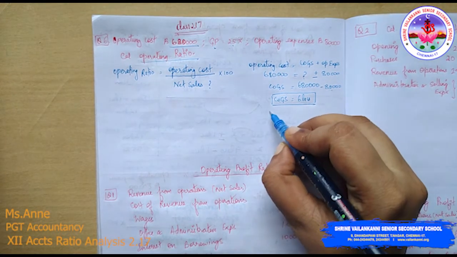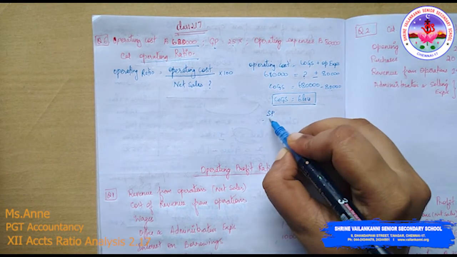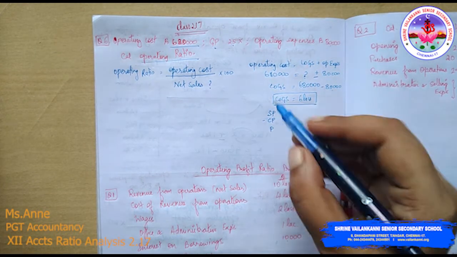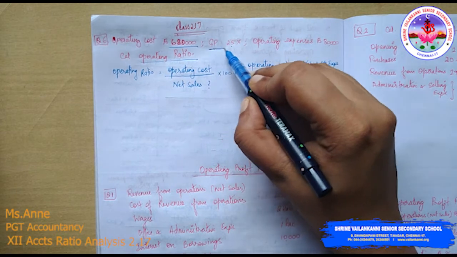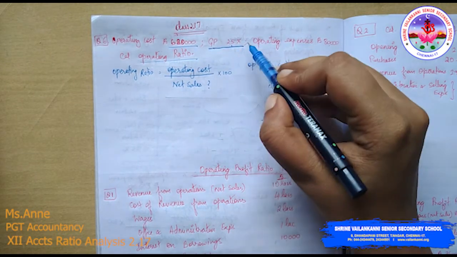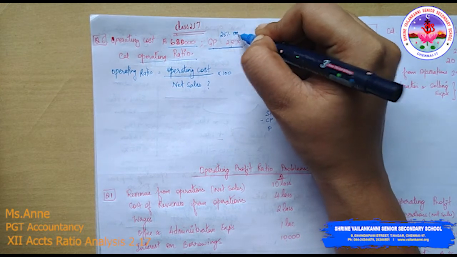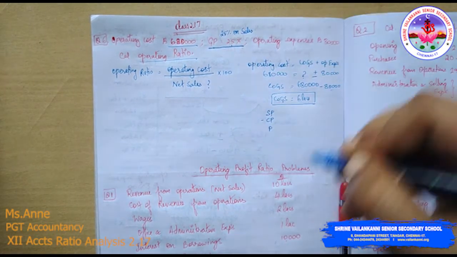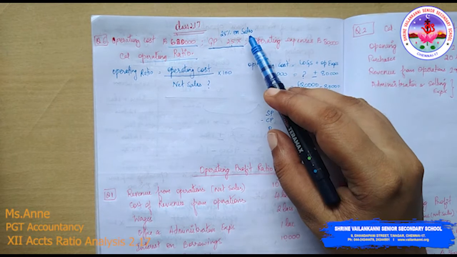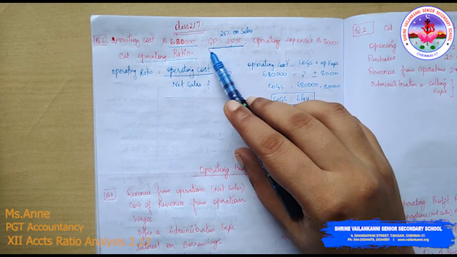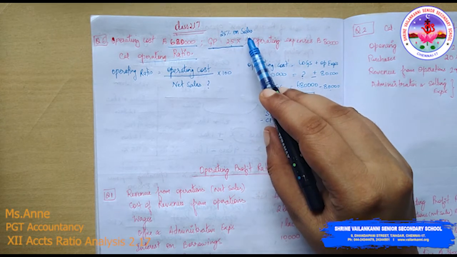Now we know that selling price minus cost price is profit. They have given just 25% gross profit, which means this 25% is on sales. We are assuming that it is on sales. Generally, when a problem is given this way, you need to assume it on sales.